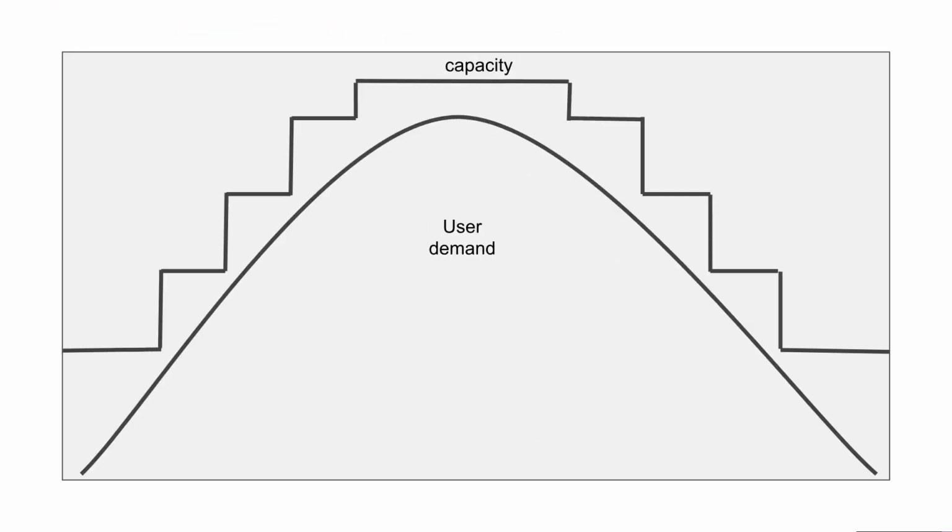So if we look at the user demand for your system, I drew this kind of crude graph here, but if you look at user demand for your system as going up and then subsequently going down, if your system can grow as the demand grows and shrink as demand shrinks, then that is optimizing the system, that is improving the efficiency. Everything between the curve and the lines is a waste.